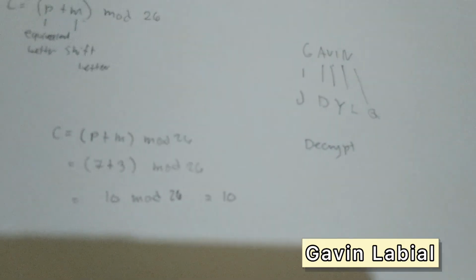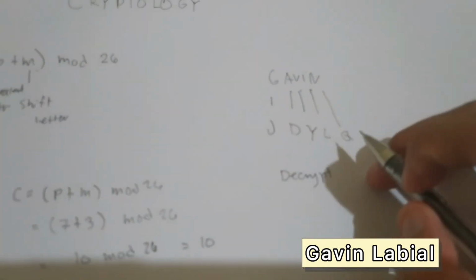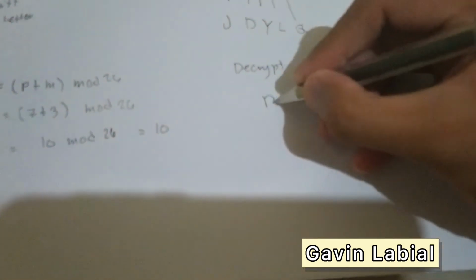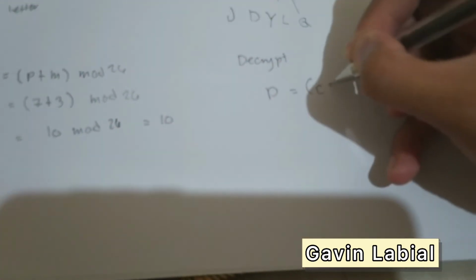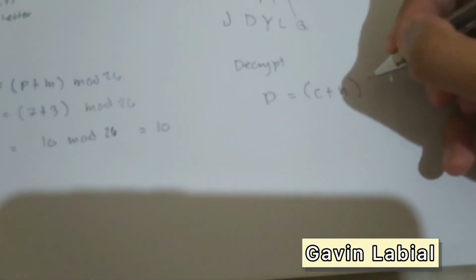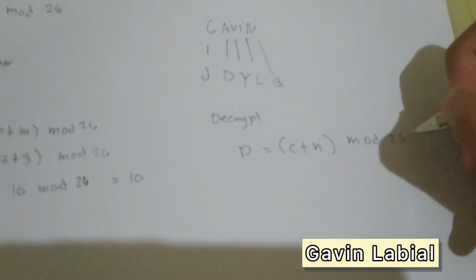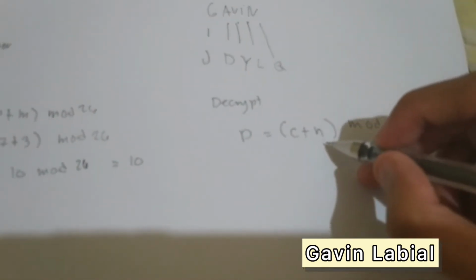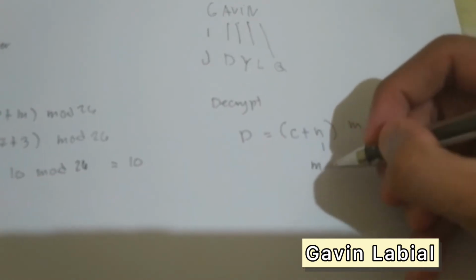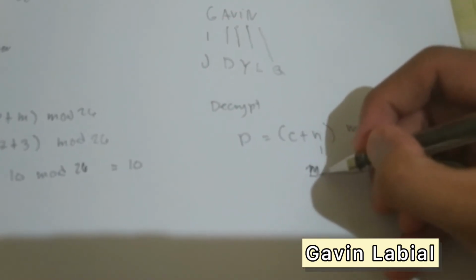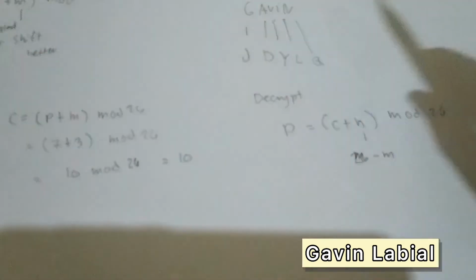Now to decrypt a coded letter like this, the solution would be P equals C plus N modulo 26, where N is 26 minus M, and M is the number of positions shifted.